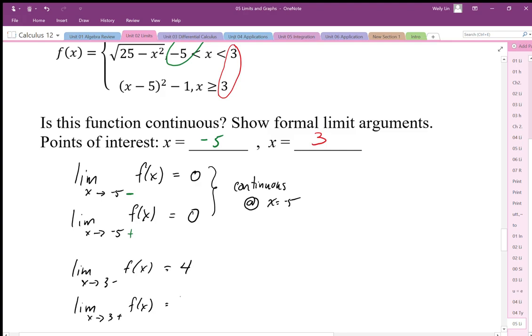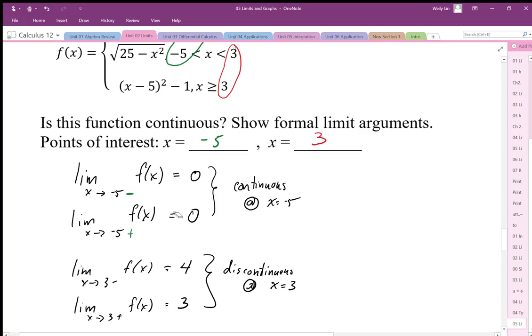Minus 1 is equal to 3. Because these are not equivalent, we can say that it must be discontinuous at x equals 3.